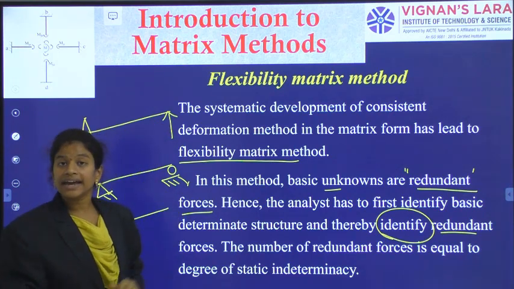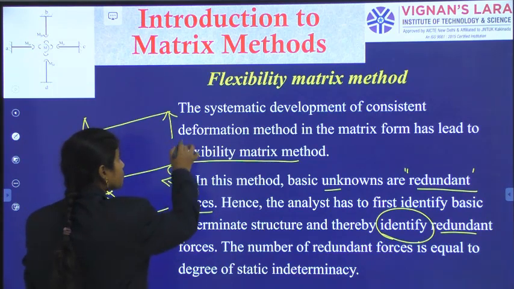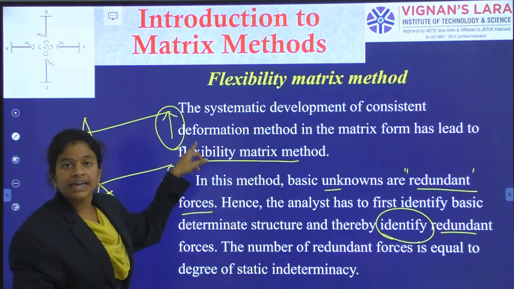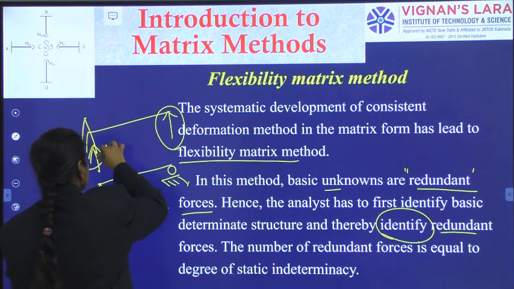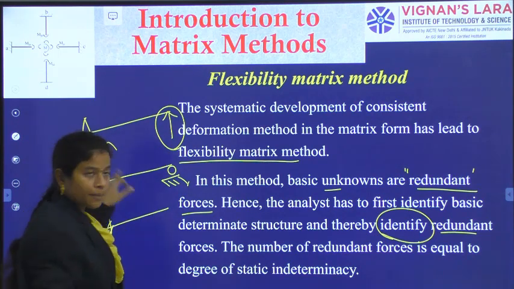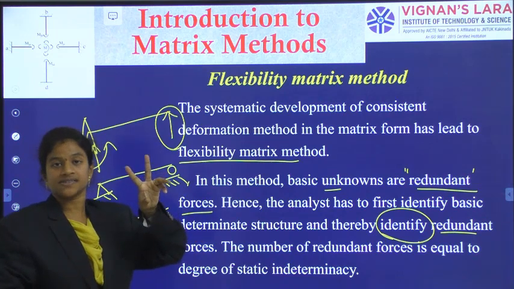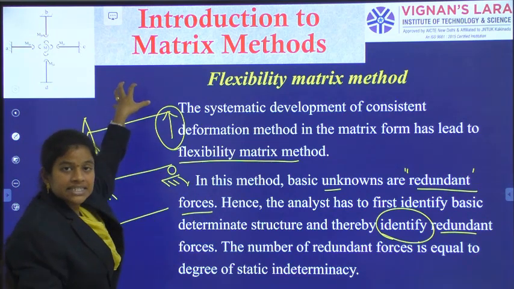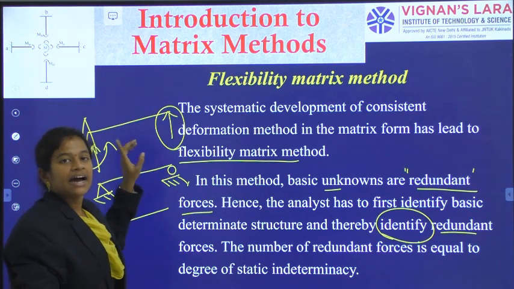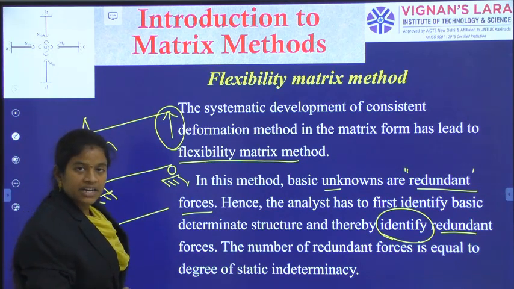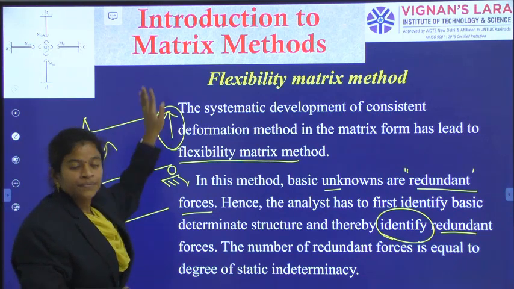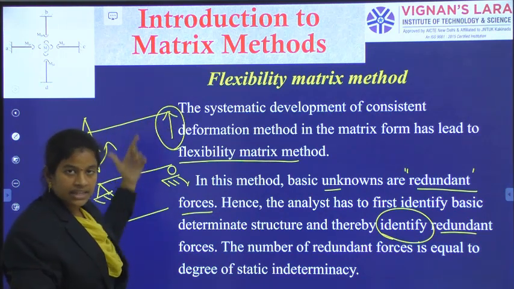Once I have made the corresponding moment the redundant, I have two options. While making this indeterminate to determinate, if the moment is not there, this is determinate, or if this support reaction is not there, this is determinate.